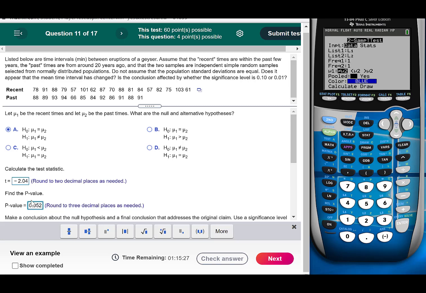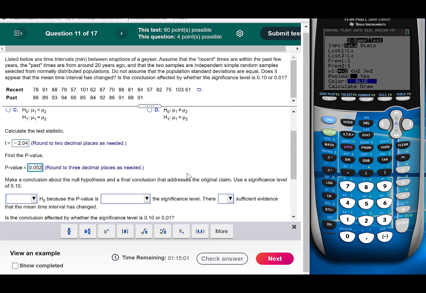Okay, what's alpha here? Is the conclusion affected by whether the significance level is 0.10 or 0.01? Definitely. If the significance level is 0.10, the p-value will be less than alpha. We reject the null hypothesis and support the claim. But if alpha, guys, was 0.01, the p-value will be bigger than alpha, and we fail to reject the null hypothesis, and we say we don't have enough evidence to support the claim.